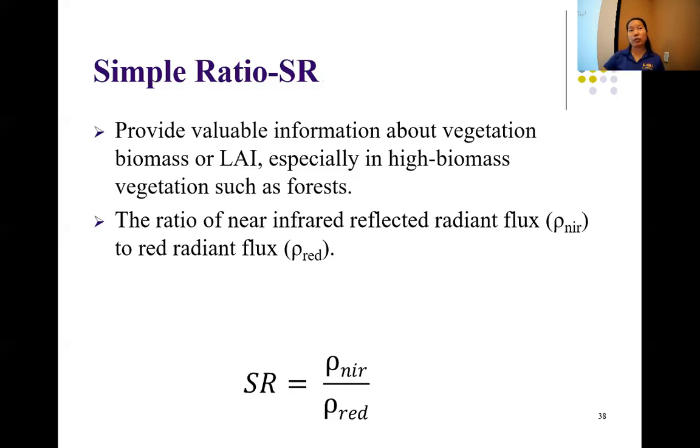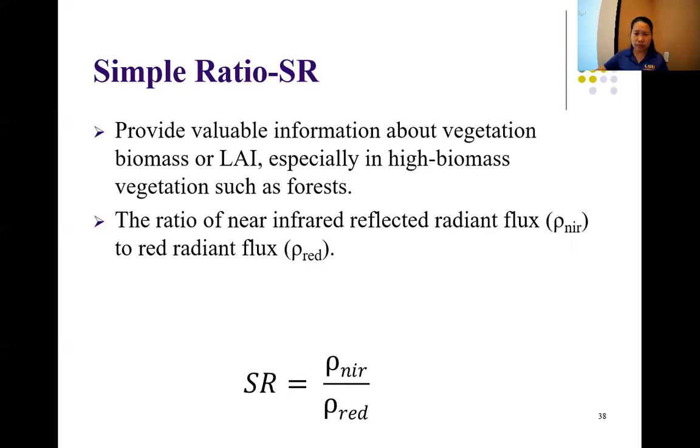For example, in the later growth stage, when biomass or LAI increases, you will typically also see the simple ratio increase. This is a characteristic compared to NDVI, which has a saturation problem in the high biomass region, but SR does not seem to have this much of a problem.